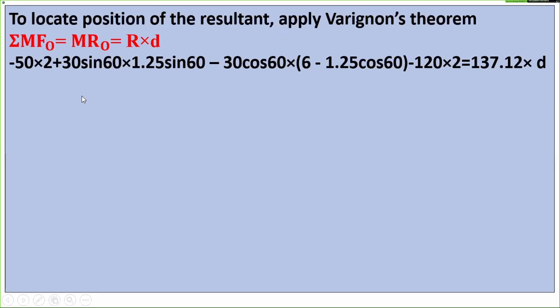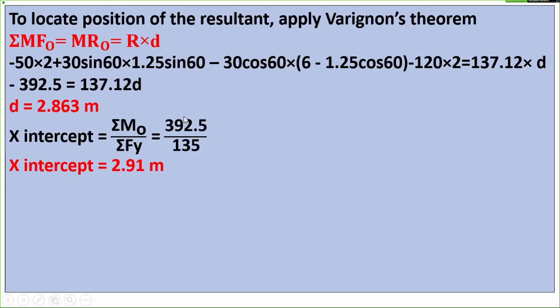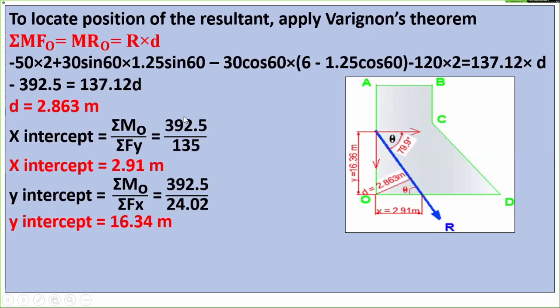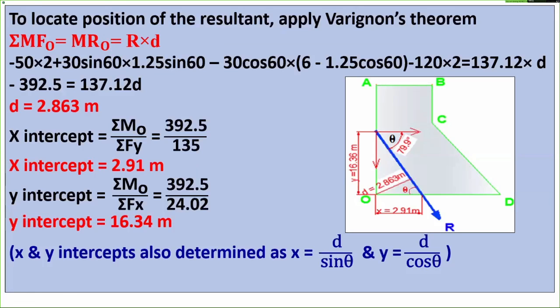Next one is 30 sin 60, that was the inclined force, into 1.25 sin 60. And from this equation you are getting the point P. So this is the entire moment equation, and from that we can find out the value of d.